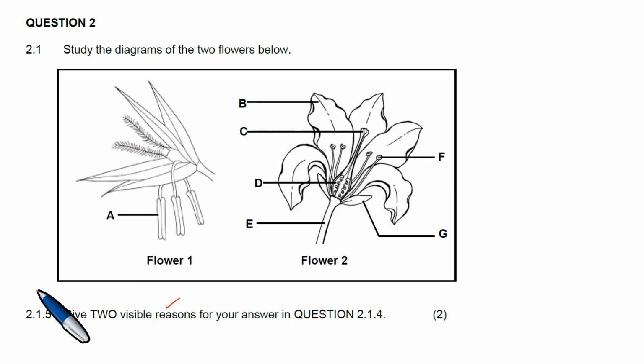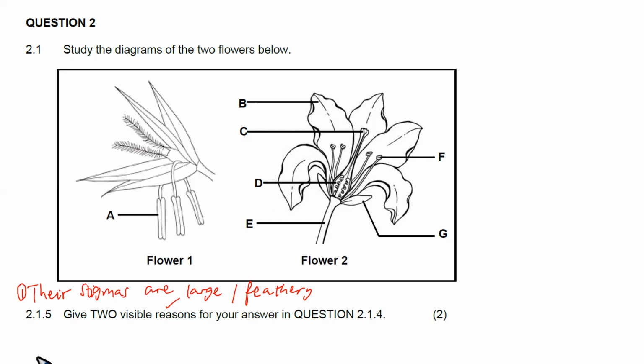Reason number one, their stigmas are large, or they are feathery. In other words, their stigmas are large or they're feathery. Number two.